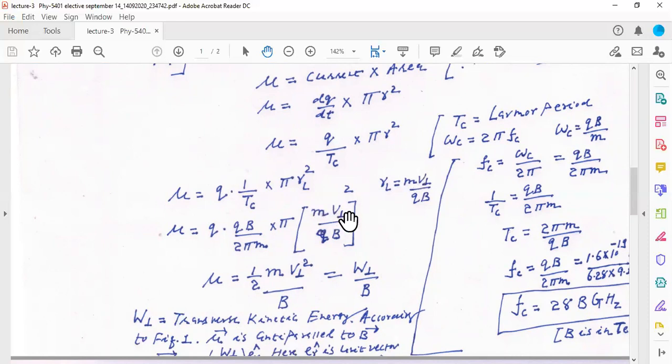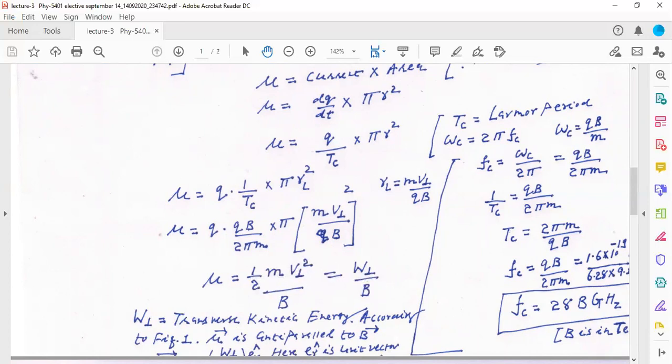If you put this value here, take the square, and simplify this expression, you will get that the magnetic moment is the ratio of the kinetic energy, half m v perpendicular square, to the applied magnetic field strength. This half m v perpendicular square we define as one parameter. This is known as the transverse kinetic energy, defined as half m v perpendicular square.